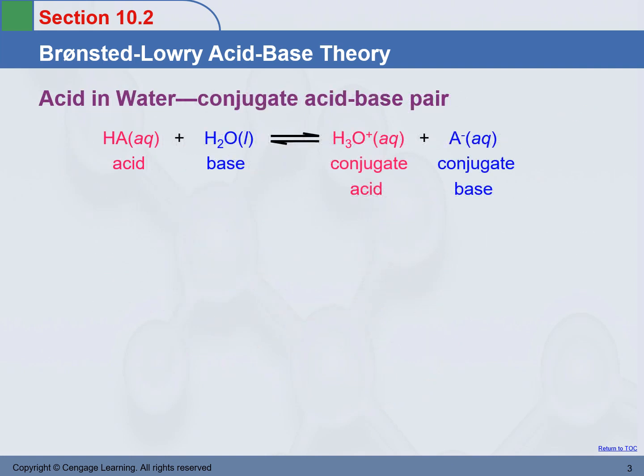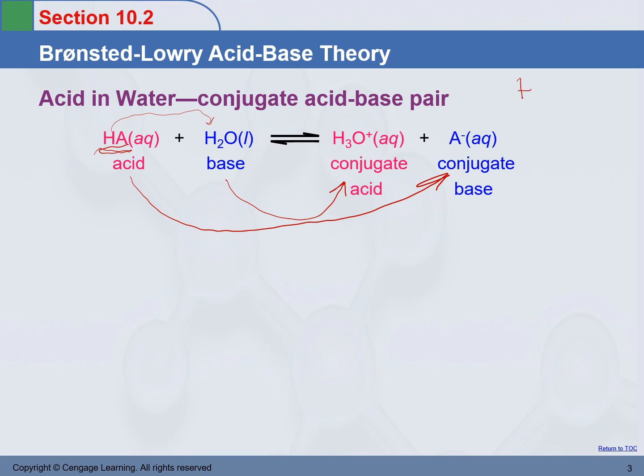Okay, let's look at it in a generic way. HA represents an acid, whatever acid it is. Dissolved in water, it donates a proton to water. Water, the base, becomes its conjugate acid. The acid, after donating a proton, becomes its conjugate base.